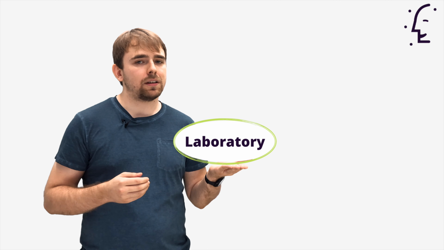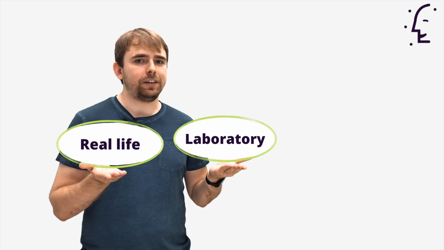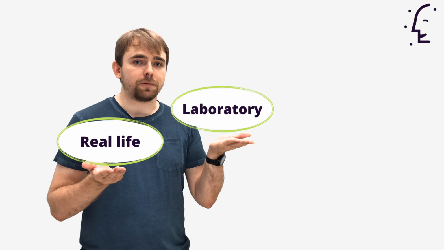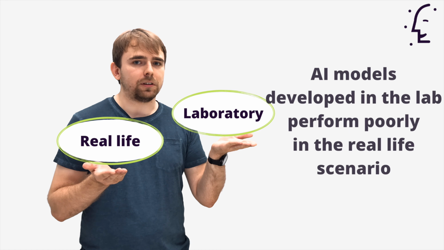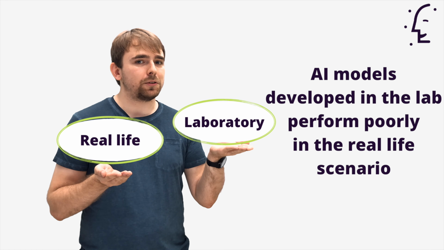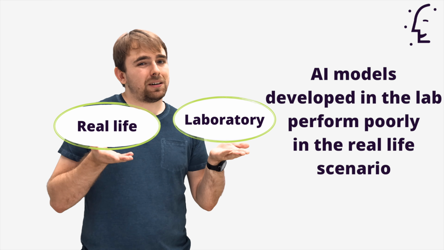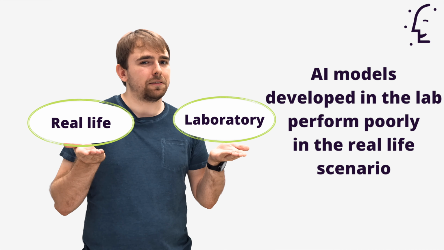In sum, we should consider a balance between laboratory methods and their applications in real life. AI models developed in the laboratory may be well suited for other datasets collected in the lab, but perform poorly in the field.